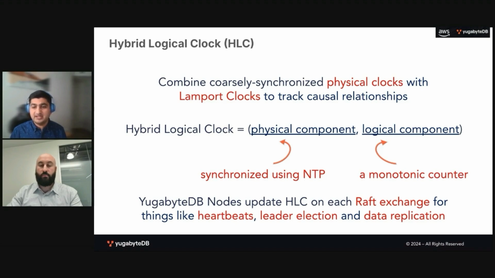Now, YugabyteDB nodes, whenever they are exchanging any messages with each other, since YugabyteDB uses Raft as a consensus protocol, if there's any exchange of Raft messages, if there's a heartbeat, or if there's a leader election, or we are simply replicating data, in all of these cases, YugabyteDB nodes are going to update the HLC, and that looks something like this.